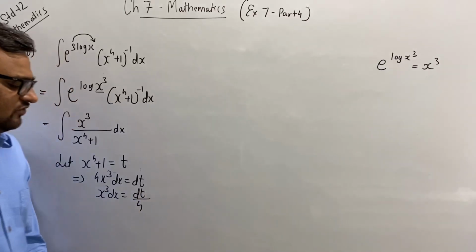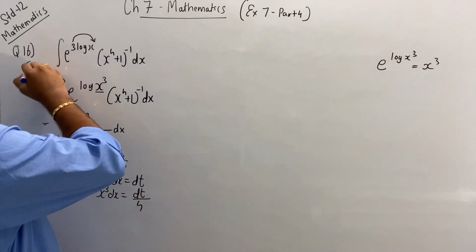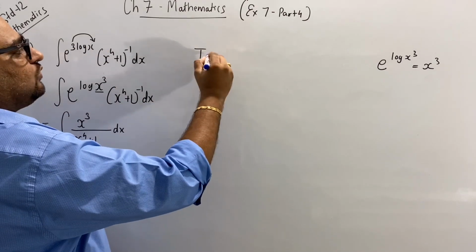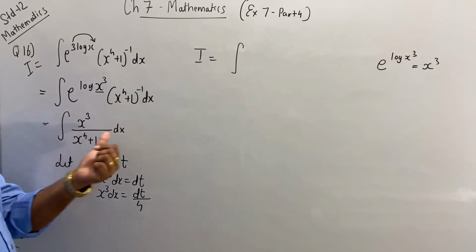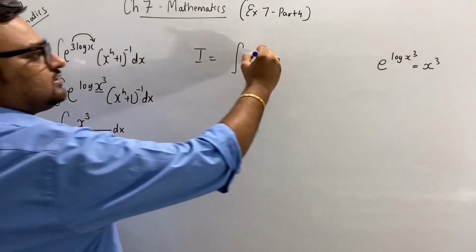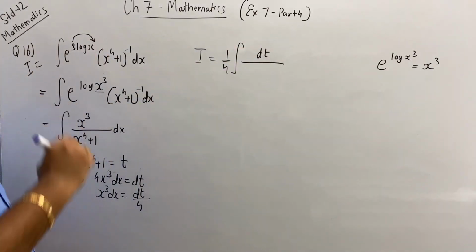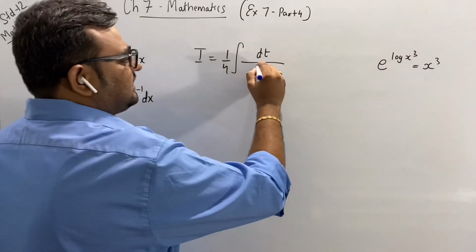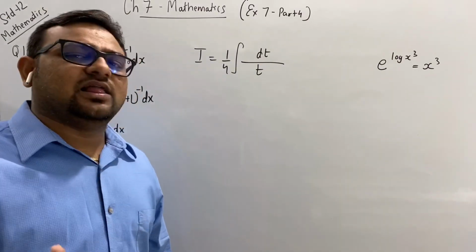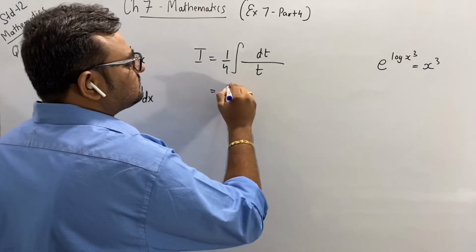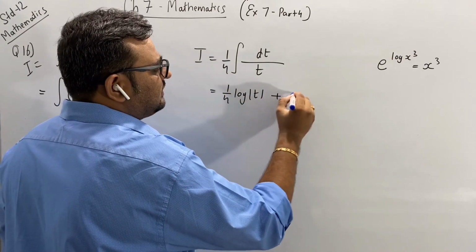So what will be x cube dx? dt by 4. Clear? So now let's replace it. I will be equal to x cube dx, that is dt by 4, upon x raised to 4 plus 1, which is t. So what is the integration of 1 by t dt? Log t plus c.